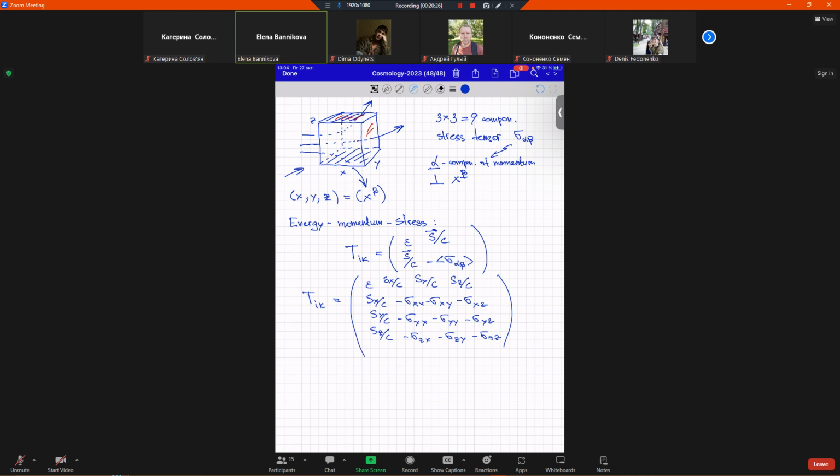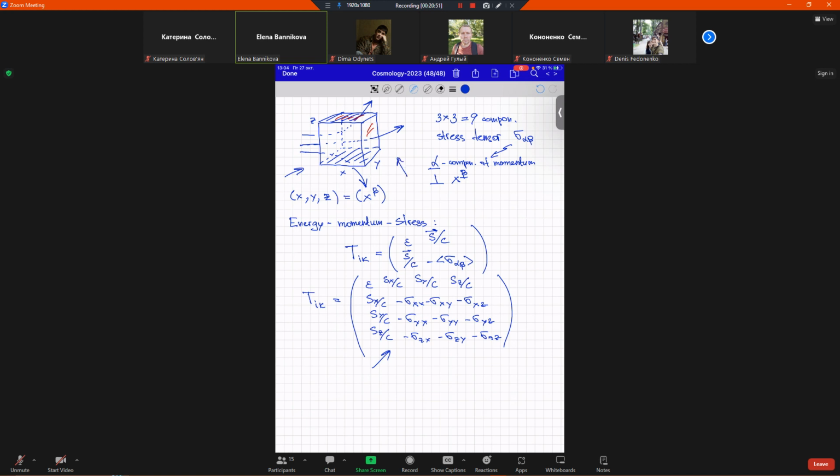But in the general case, this tensor of energy momentum contains information about everything: about energy density, about flux of the energy, and about the distribution of momentum corresponding to each surface of the volume which we have.